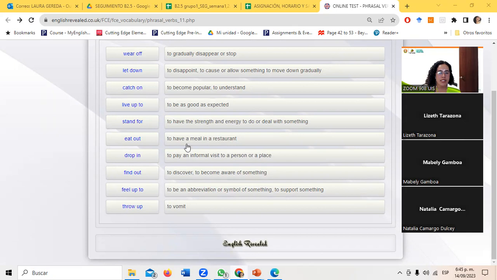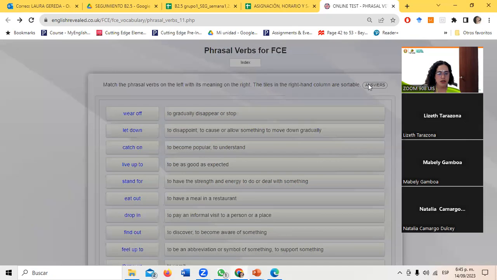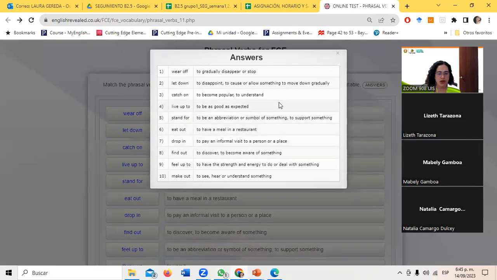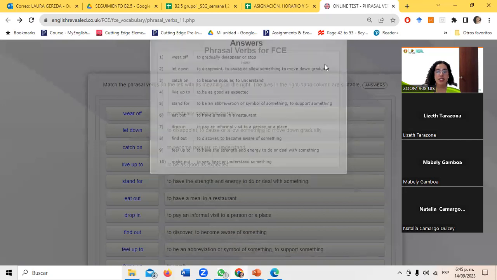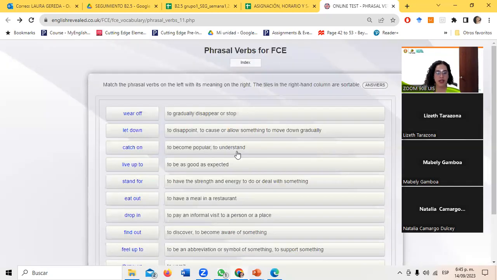In this case, yes, let me double check. To stand for, yes, so it stands for this, okay? For example, I can say ASAP, it stands for as soon as possible.